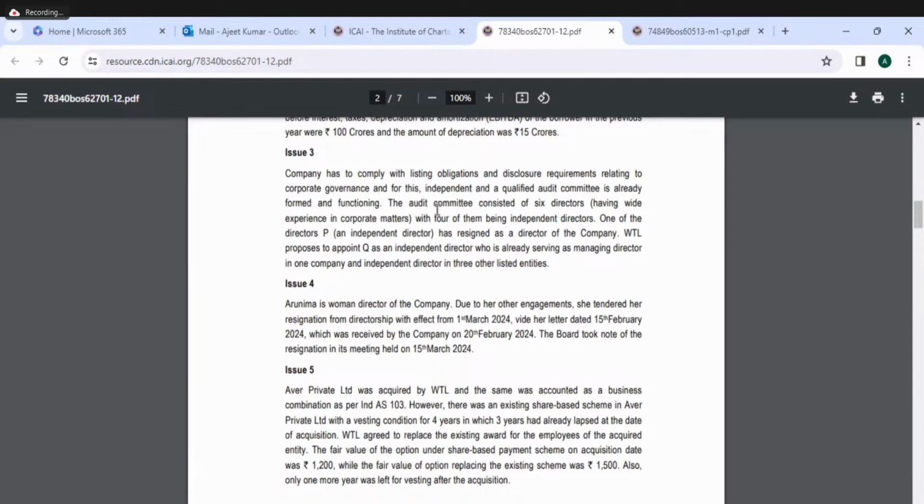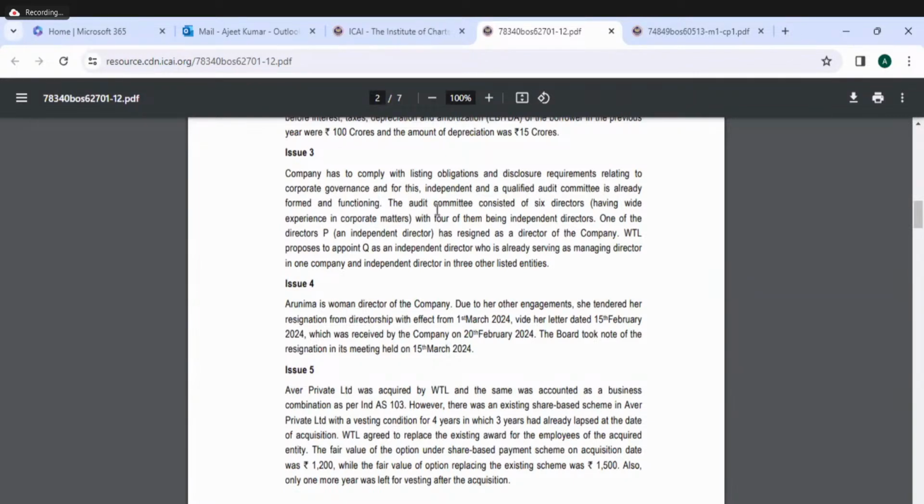Issue 3 says, company has to comply with listing obligations and disclosure requirements relating to corporate governance, and for this, an independent and qualified audit committee is already formed and functioning. The audit committee consisted of 6 directors having wide experience in corporate matters, with 4 of them being independent directors.